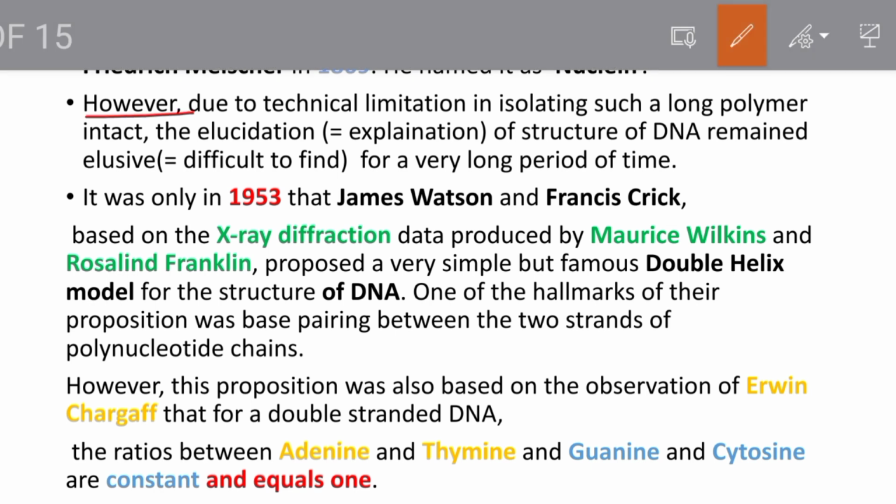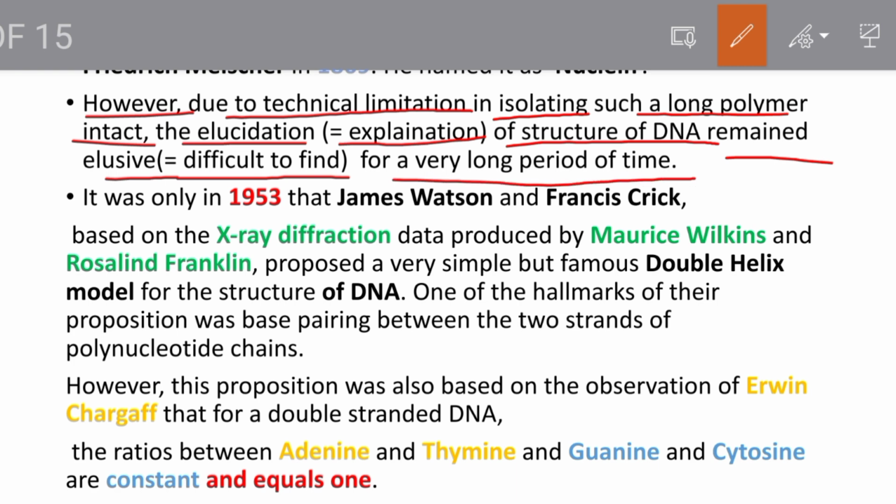However, due to technical limitation in isolating such a long polymer intact, the elucidation, that is explanation of structure of DNA, remained elusive, that is difficult to find for a very long period of time.